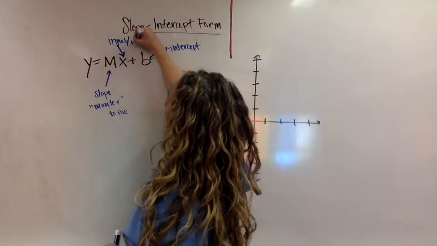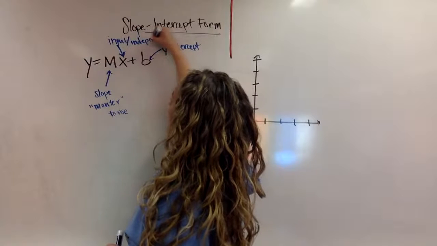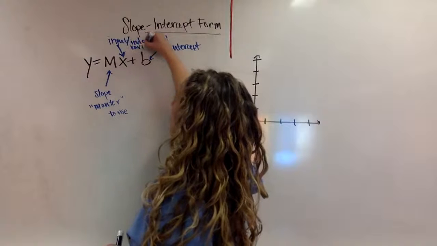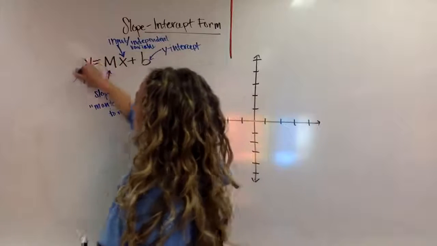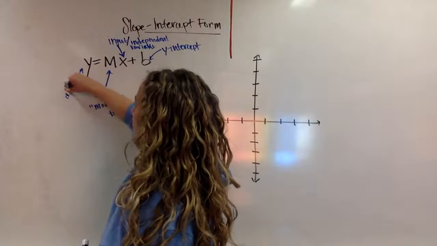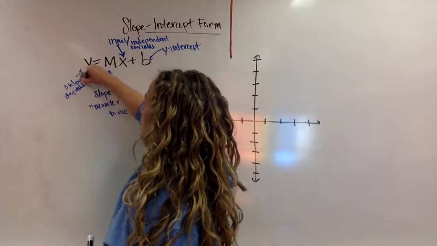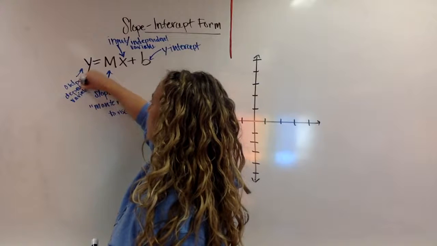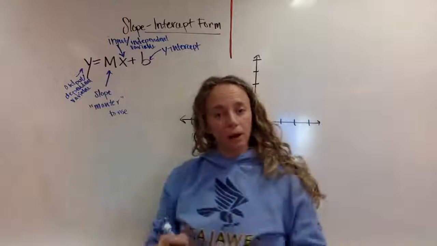So x is our input, our independent variable, and y is our output or dependent variable. And this whole setup is incredibly helpful for us in terms of graphing.